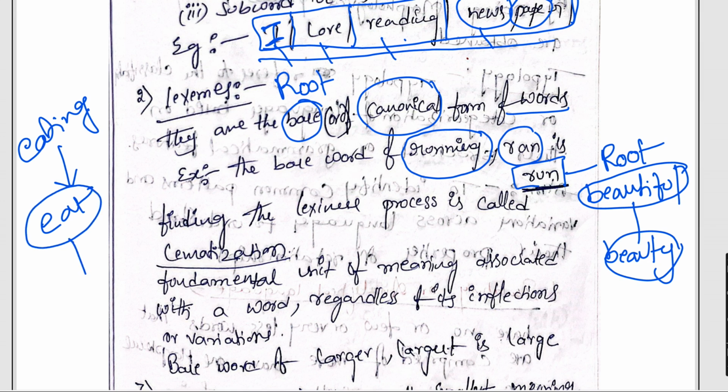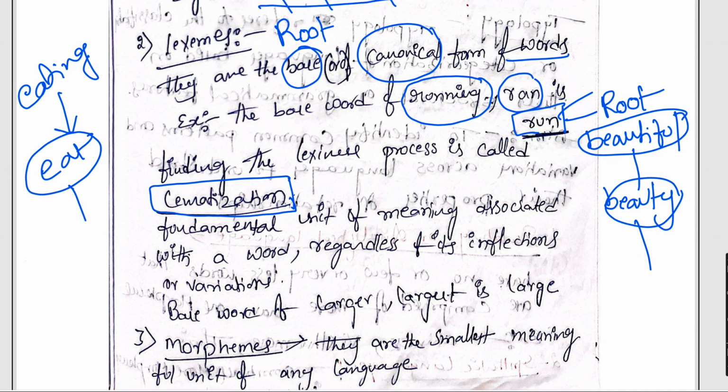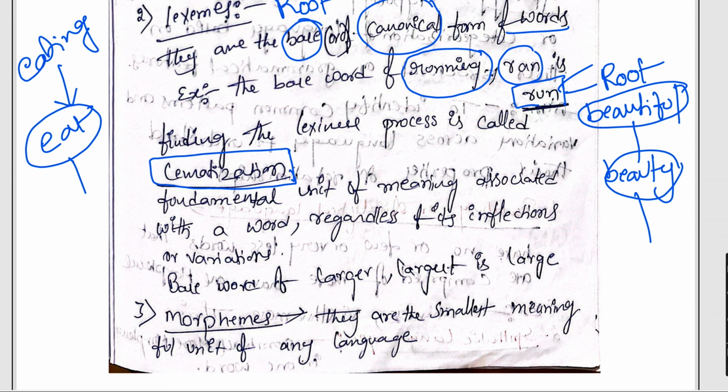These root words we call lexemes. Finding the lexemes from the given words is called lemmatization. Once again, finding the lexemes from the given words is lemmatization. Here the root carries the fundamental unit of meaning associated with a word, regardless of its inflections or variations.